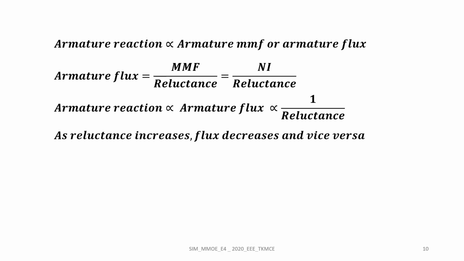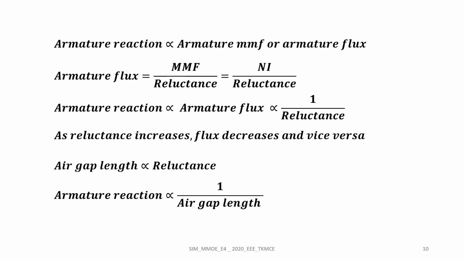As reluctance increases, flux decreases, and vice versa. We know air gap length is directly proportional to reluctance. So as air gap length is increasing, reluctance is increasing. As reluctance is increasing, armature flux is decreasing. Thereby armature reaction is decreasing. So armature reaction is inversely proportional to air gap length.